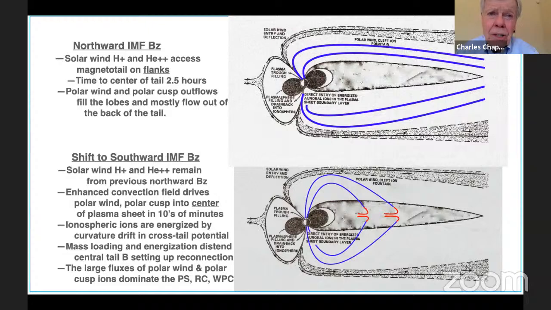So you need a full energy range of less than an eV with good geometric factors all the way up into the auroral energies, and do that in as many places as you can.